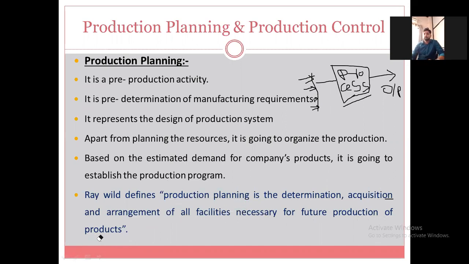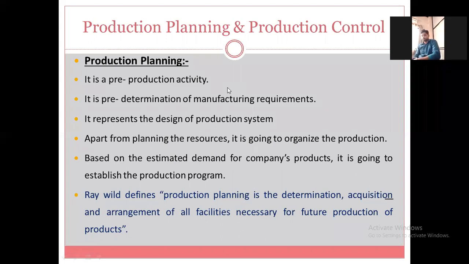So you can write down the heading: production planning. It is a pre-production activity. It is predetermination of manufacturing requirements.